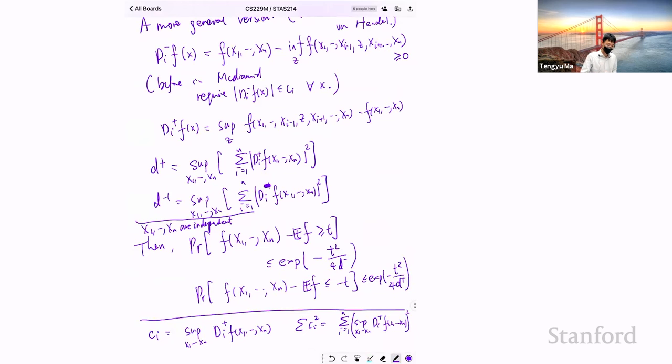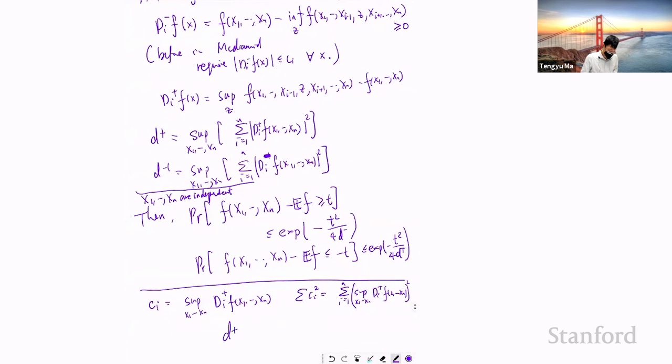Here, the difference is that with d plus or d minus, you first take the sum of the sensitivity over all coordinates at this point x, and then you take the sup. It's not that easy to find a concrete example to see the differences between these two, but the order of doing the sup and the sum does matter.